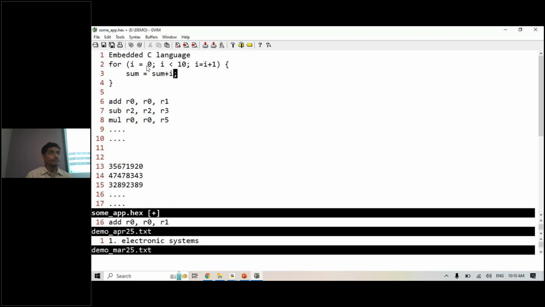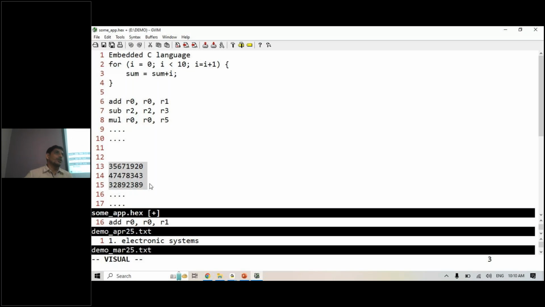I'm running a loop from 0 to 10 and adding all the numbers and storing it into sum. When you convert this code into assembly code, it will come out something like this, assume. Finally, during linking, there will be a linker. What that will do is further convert this into this format.